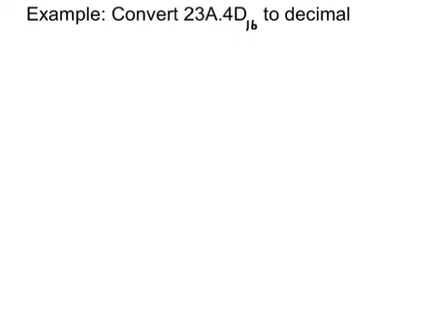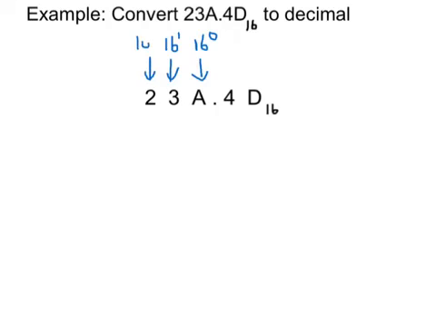Let's do the example. Convert 23A.4D base 16 to decimal. Now let's write in our powers of 16. To the left of the fractional point we have 16 to the power of 0, then 16 to the power of 1, and lastly 16 to the power of 2. To the right of the fractional point we have 16 to the power of minus 1, and lastly 16 to the power of minus 2.